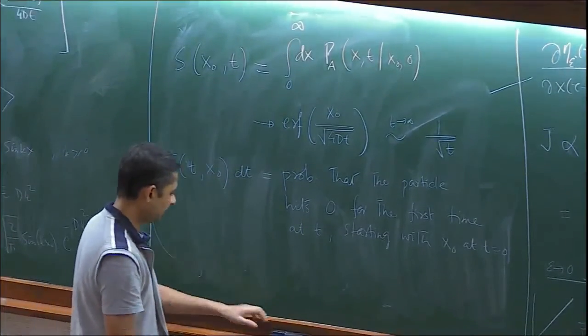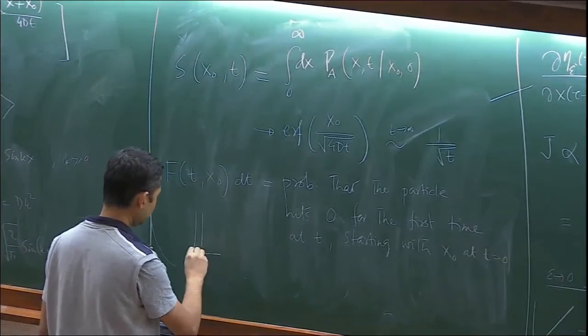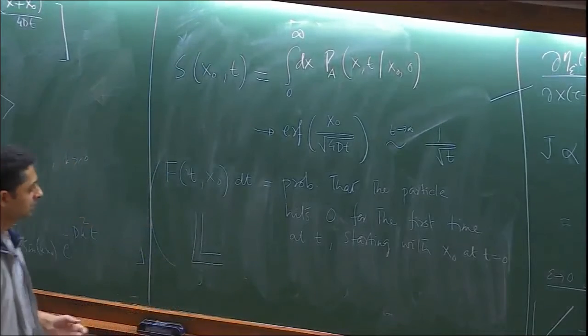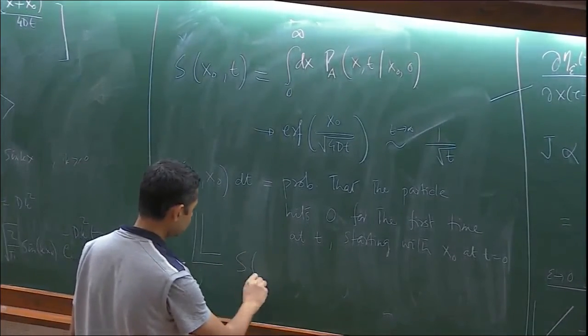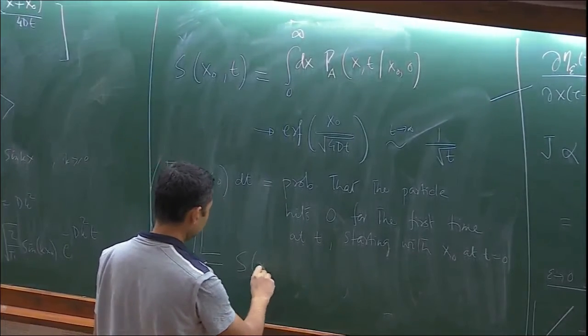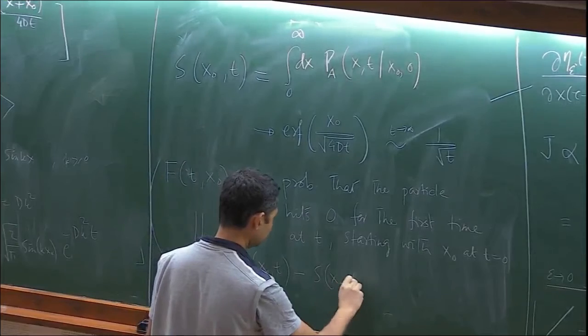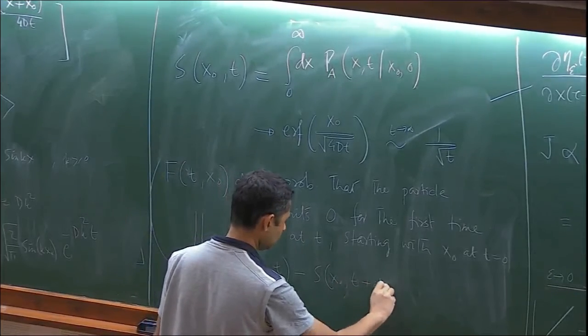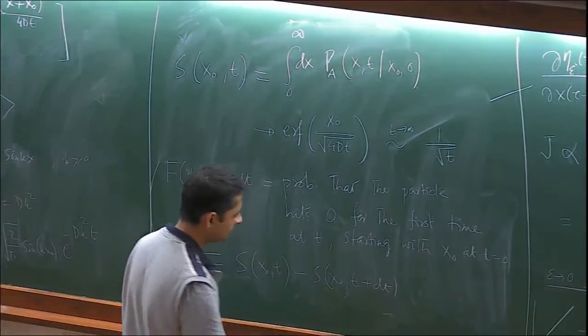So let me just write down first: S(x0, t) minus S(x0, t plus delta t).